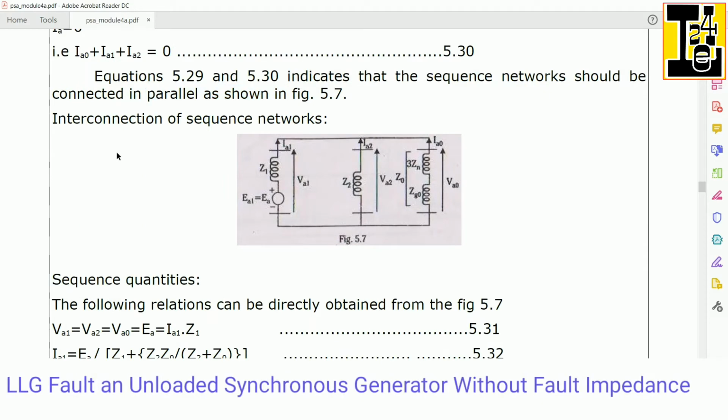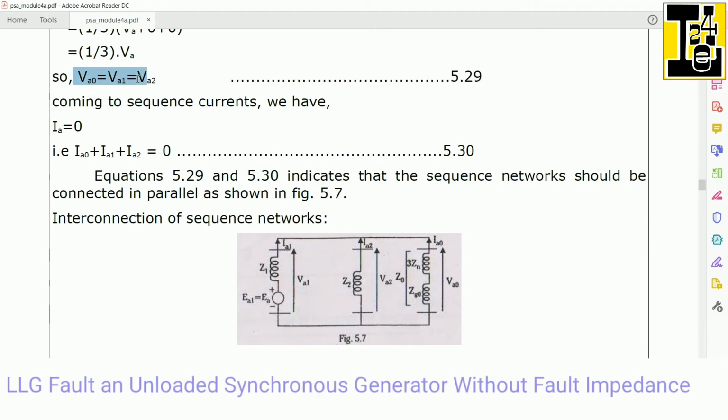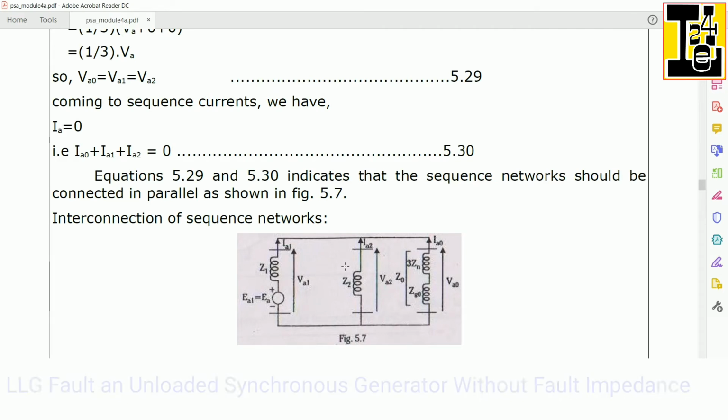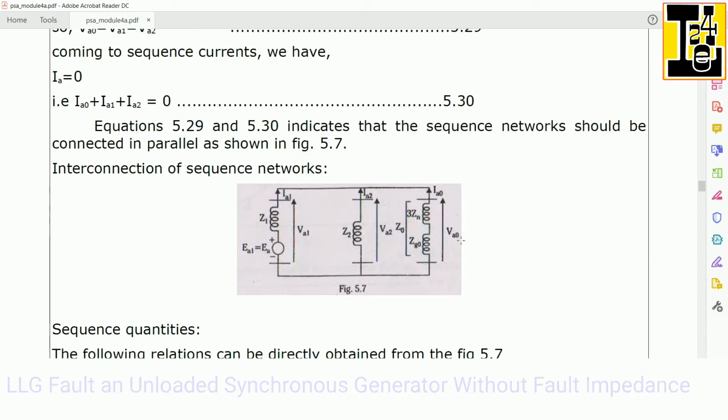So let us interconnect the sequence networks. The two relations, VA0 equal to VA1 equal to VA2 and the sum of the sequence currents equal to 0, suggest that the positive sequence network, negative sequence network and zero sequence network of the synchronous generator are connected in parallel.